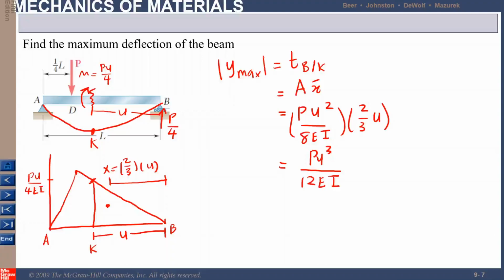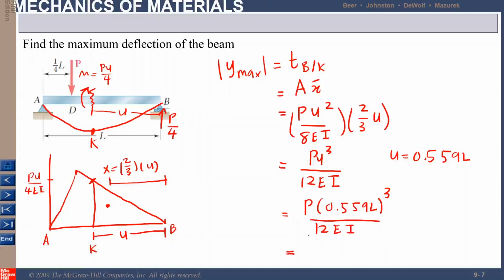Because our U just now is 0.559 L, we can calculate the value of our Y max as P times 0.559 L cube over 12 EI, and this will come out to the answer of 0.01456 PL cube over EI. So that is how you can find the maximum deflection of the beam.